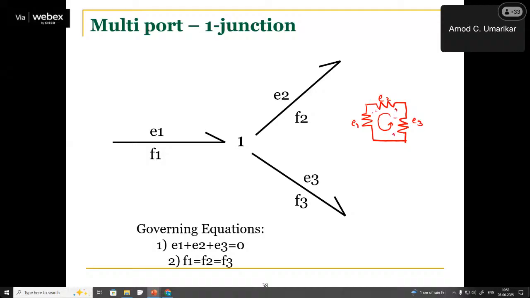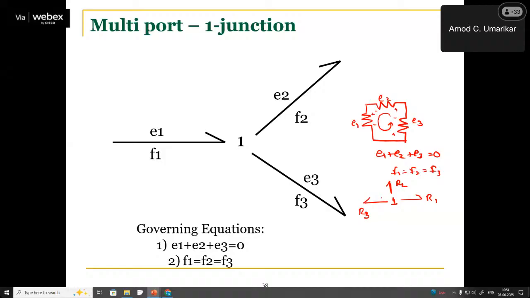So E1 plus E2 plus E3 is 0, but F1 is equal to F2 is equal to F3. This can be represented as R1, R2, R3. Are you getting my point? Like this you can model. There are 3 elements connected in series, so one junction.